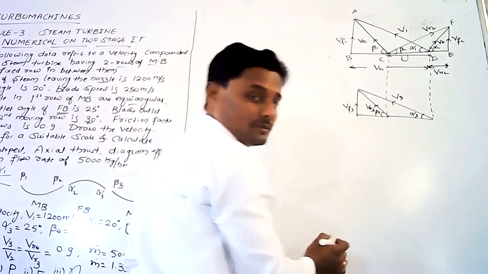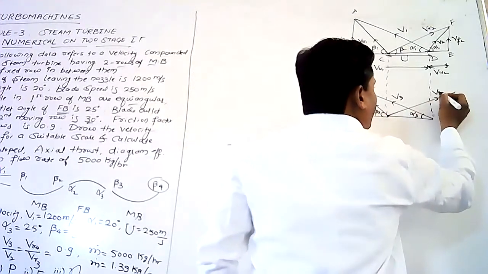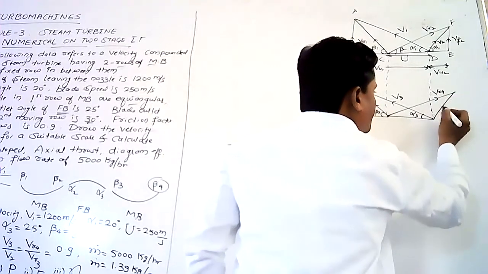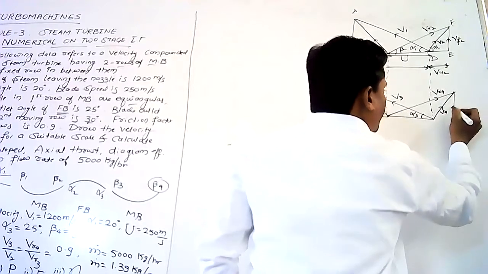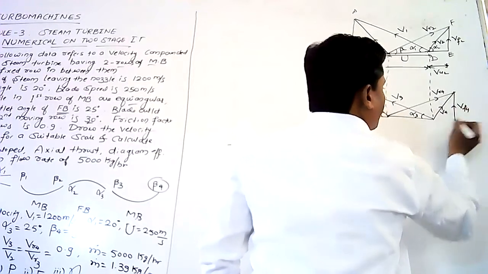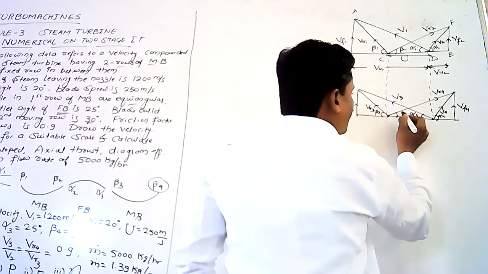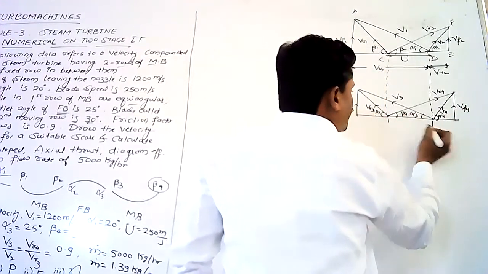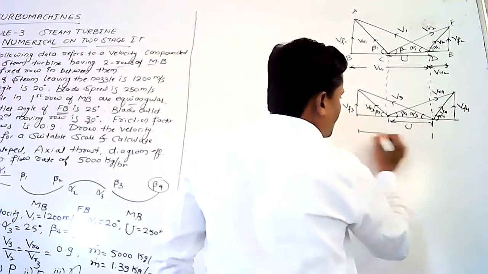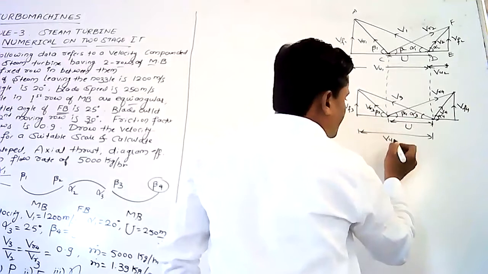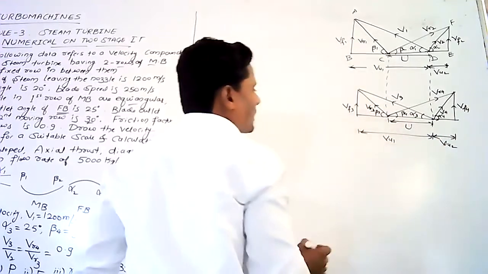The corresponding outlet velocity triangle is this: VR4, this is V4, and this is VF4, the flow velocity component, alpha 4, and beta 4 here. This is a common base U, and this is VU3 and this is VU4.